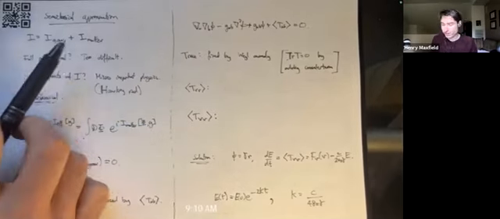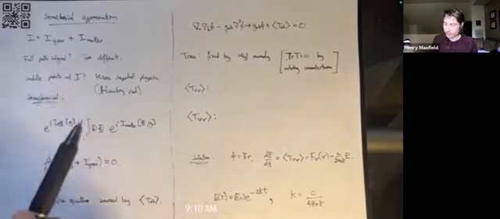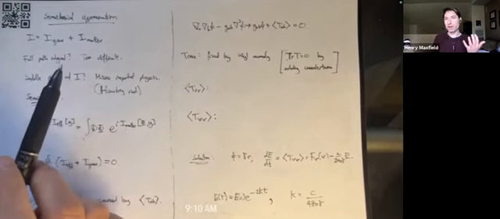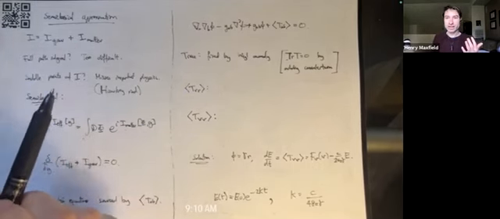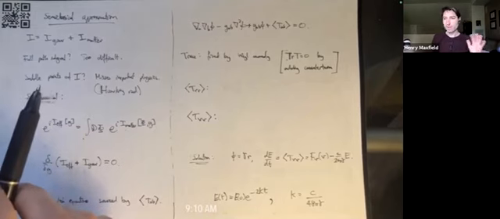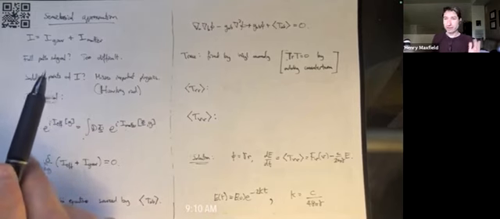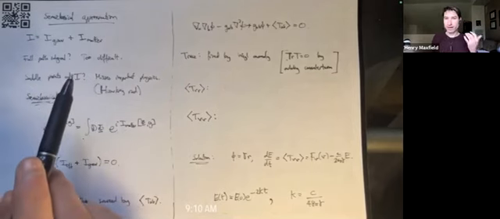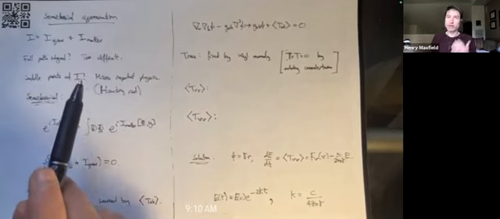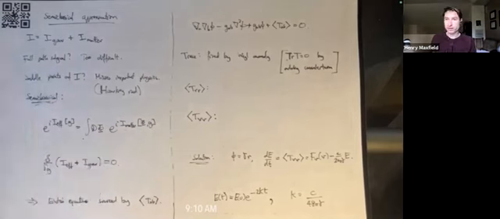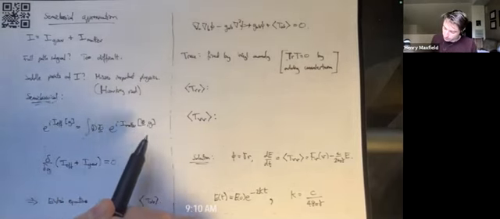Maybe at this point I'll emphasize that our matter theory, our CFT, is going to propagate on the background metric g, and it's not going to be sensitive to the dilaton at all. So it's going to depend on the metric g rather than some combination including the dilaton.